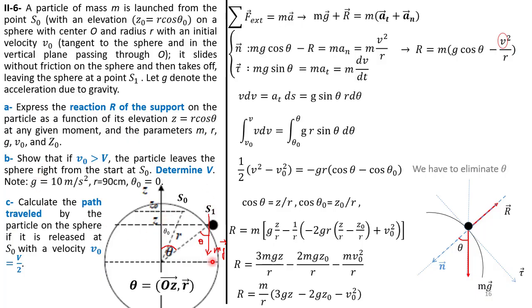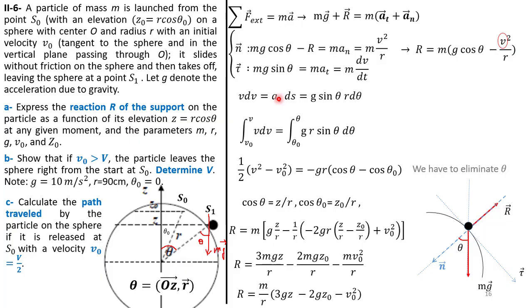So an and at are very convenient to be used here. Also, one important note is that the tangential acceleration is a function of theta. Therefore, we used the expression v dv equal at ds.